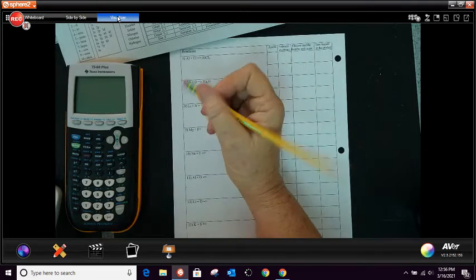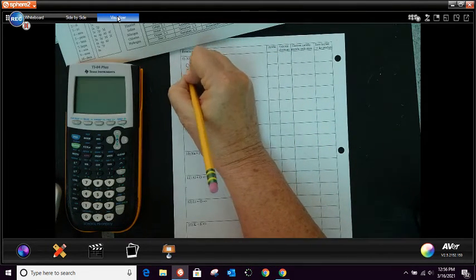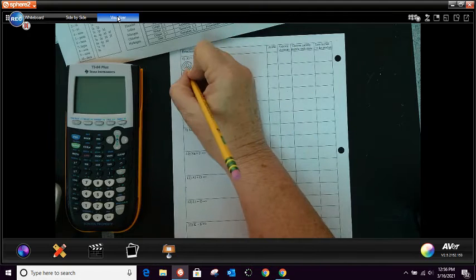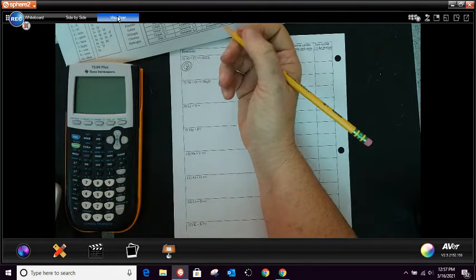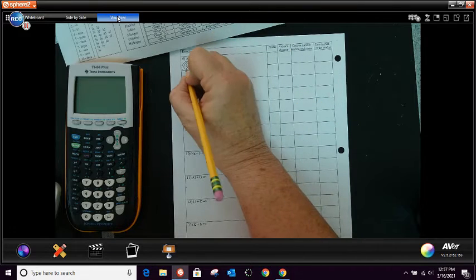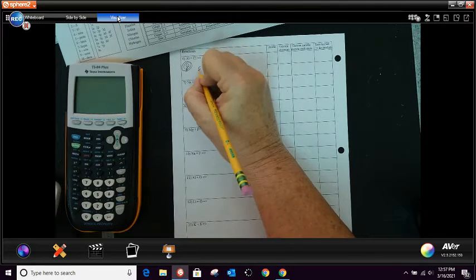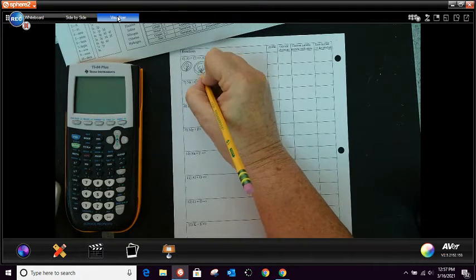So we have aluminum, which has 3 energy levels: 2, 8, and 3. Chlorine, we have 3 energy levels: 2, 8, and 7.